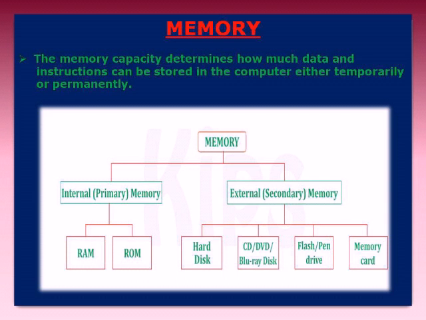The primary memory is again divided into two parts, that is RAM and ROM, and external memory is divided into six parts, which are hard disk, CD, DVD, Blu-ray disc, flash drive or pen drive, and the last one is memory card. Now understand these memories one by one.